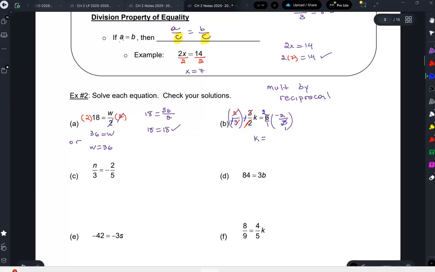So k is negative 4. On the right side, you can divide top and bottom, the 6 and the 3, by 3. Or this would have been negative 12 over 3, which is also negative 4.